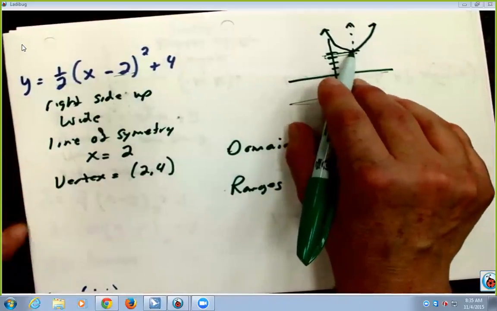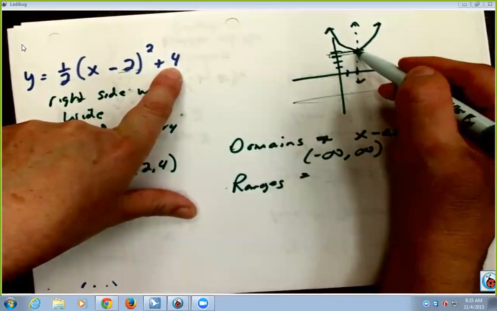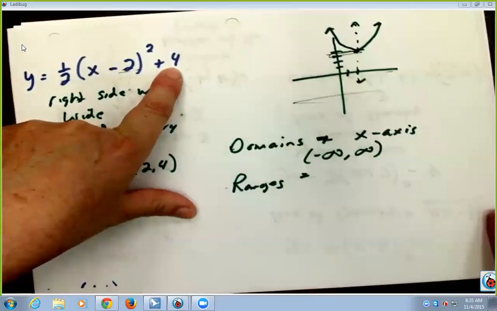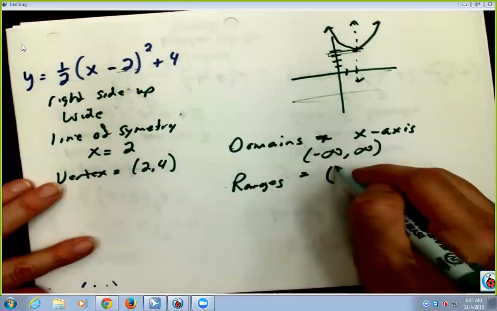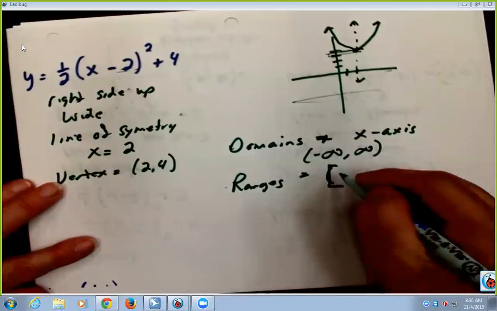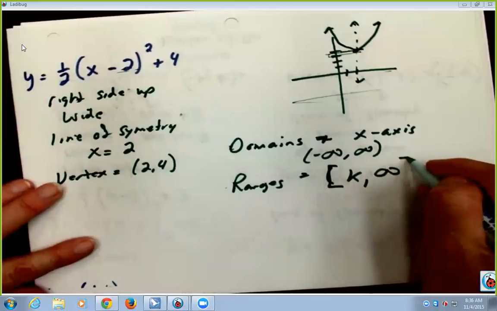Well, K up here tells me where that location is at. So in my range, I'm going to go from a bracket of K to infinity in this case.